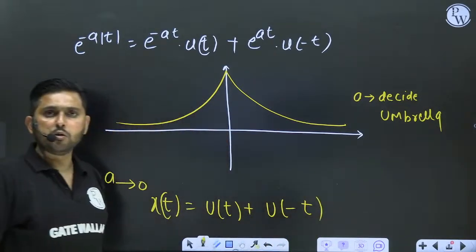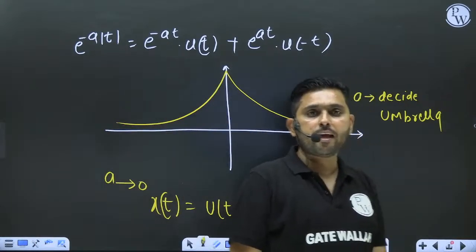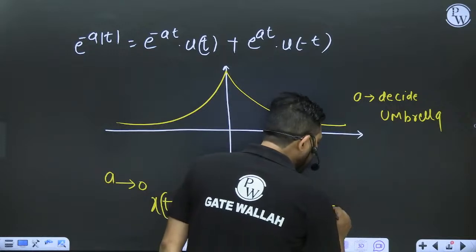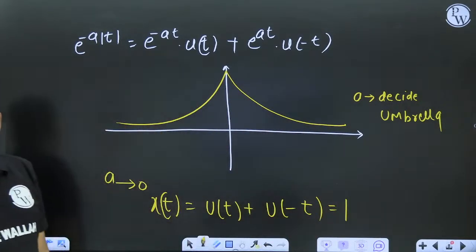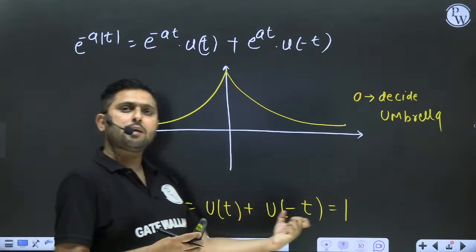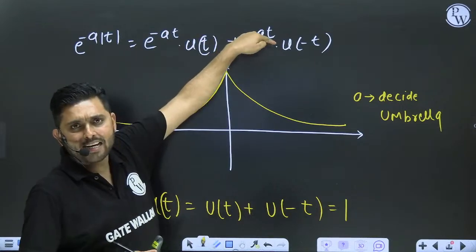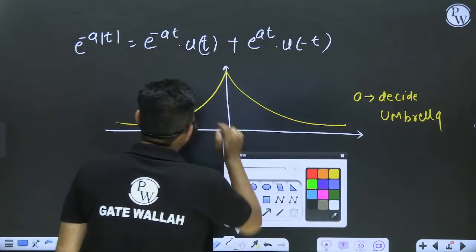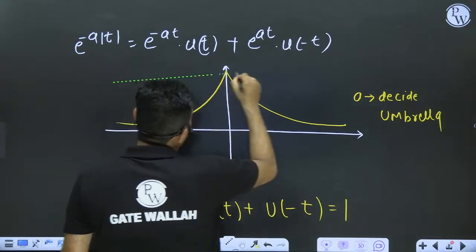And you know that u(t) plus u(minus t) is nothing but equal to 1. So if I put a tending towards 0, then I will get this very interesting function.